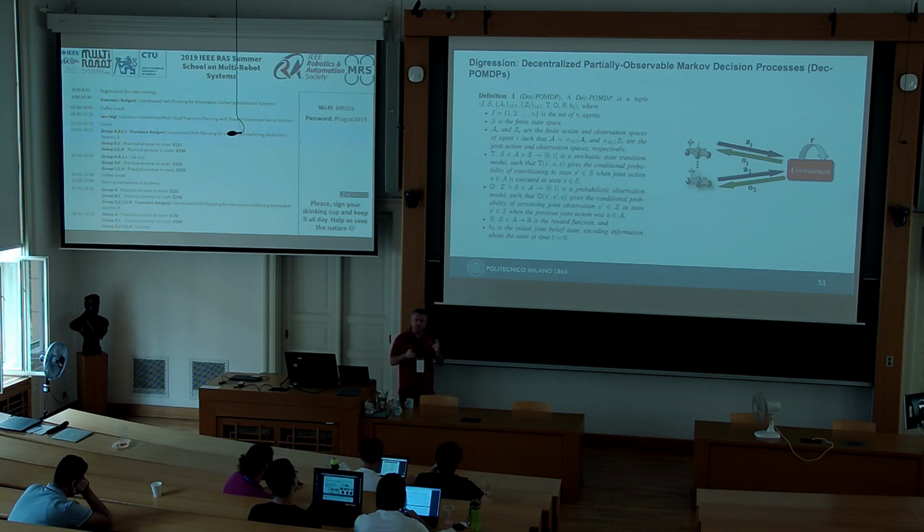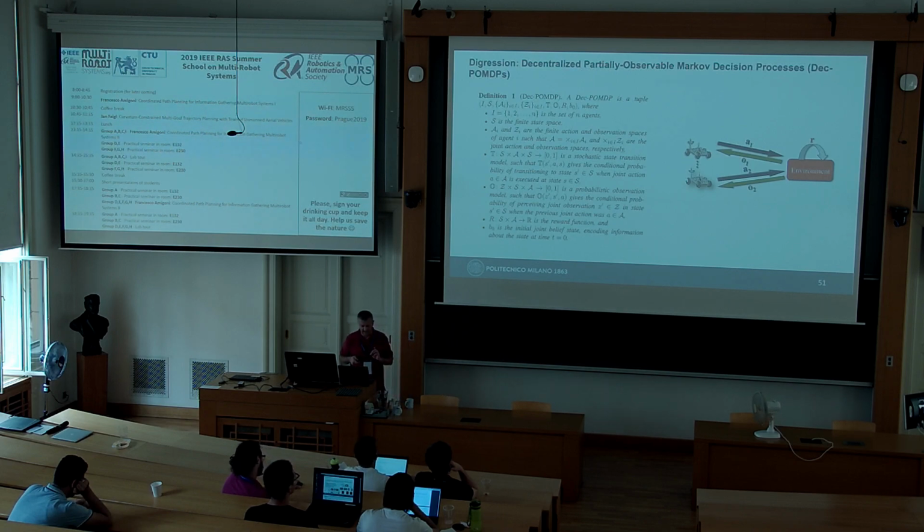If you move from a single agent to multiple agents, we have this framework that is Dec-POMDP, which stands for decentralized POMDPs. The formal definition is a little bit involved, but it's not complex to understand. So this is the basic schema. You have a number of agents, and an environment that can be in a number of states, but these states cannot be directly observed by the agents.